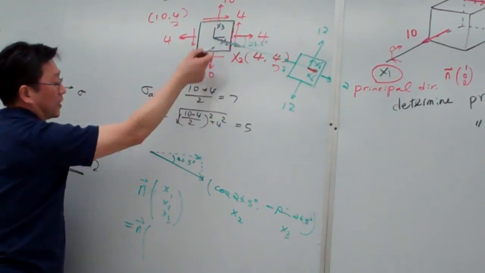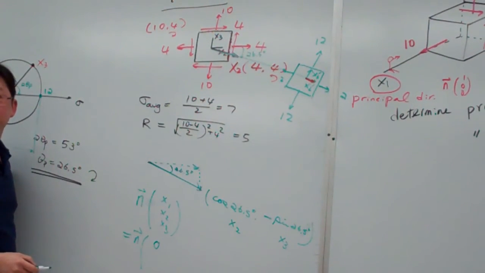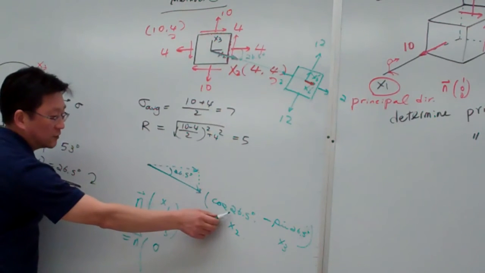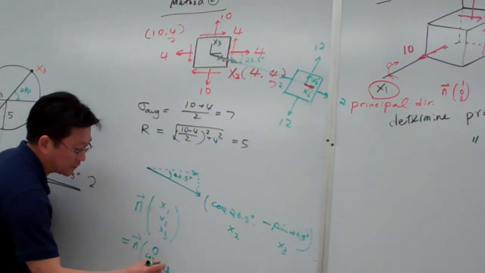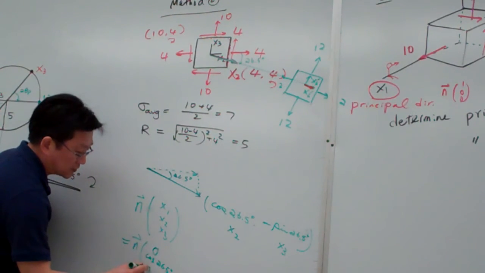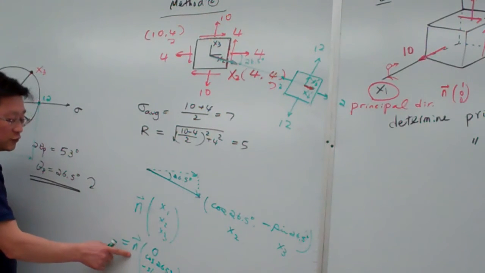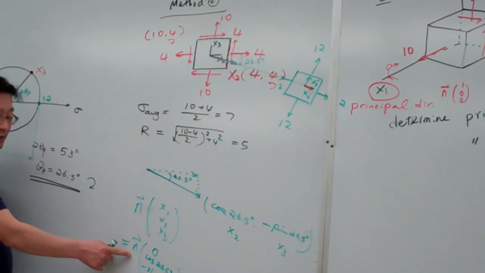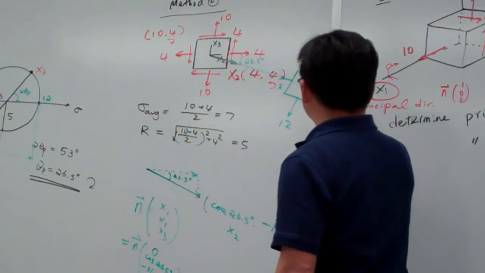So this vector has 0 component in the x1 direction. The x2 coordinate simply is cosine 26.5 degrees. The third is minus sine 26.5 degrees. This should be the n vector, the representation of the principal direction for the second one.